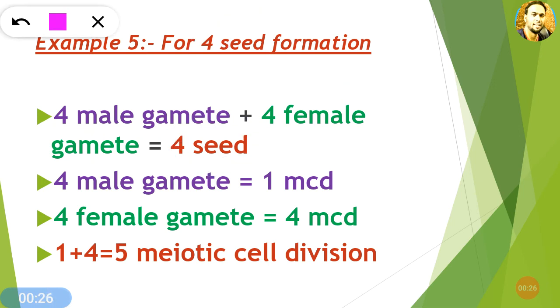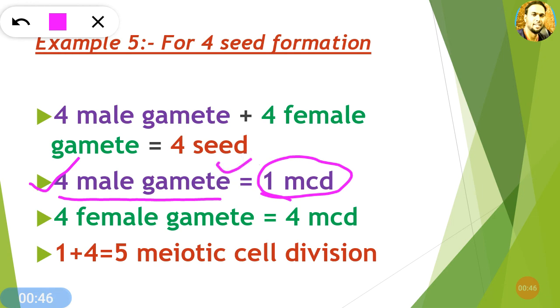Now for these 4 male gametes, how many meiotic cell divisions are needed? Again, the formula is one meiotic cell division produces 4 pollen grains in the form of a tetrad, which finally form 4 male gametes. So for 4 male gametes, one meiotic cell division is needed.